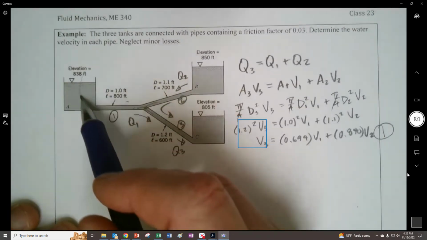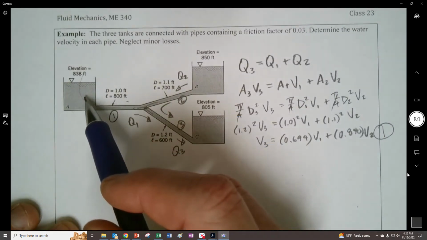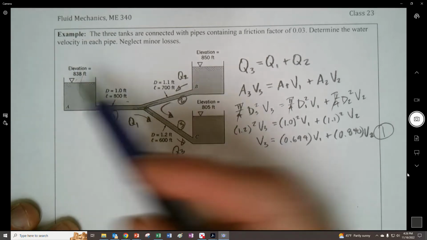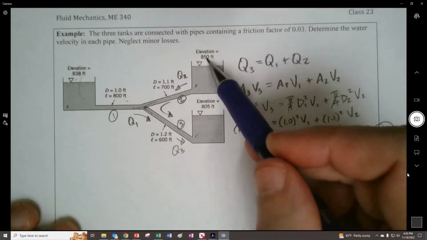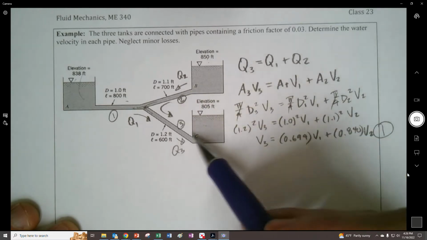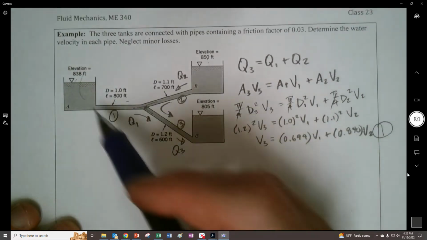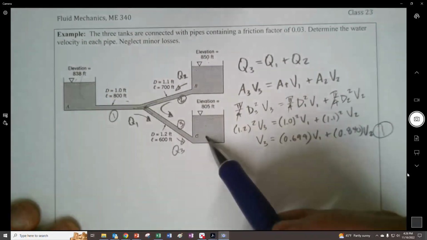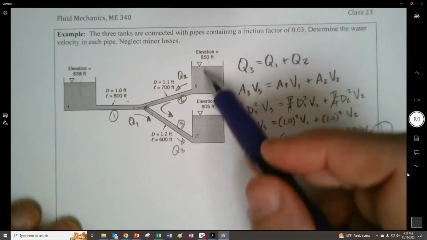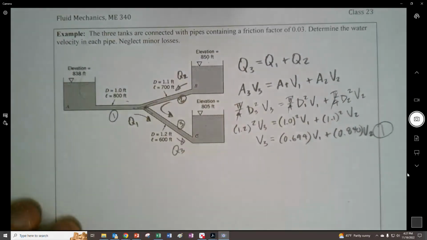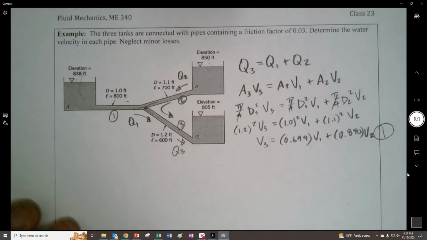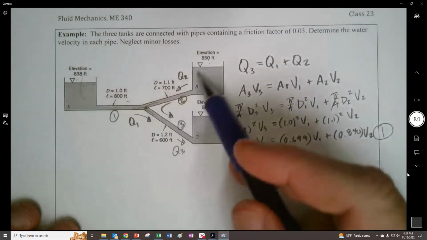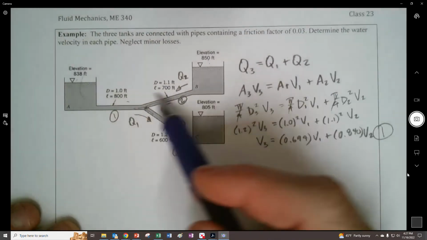One of the loops is going to go from A to C, and the other is going to go from B to C. There's no need to go from A to B, because that would be a redundant one. We need three independent equations, and going from A to B would not be independent. We only need A to C and B to C.